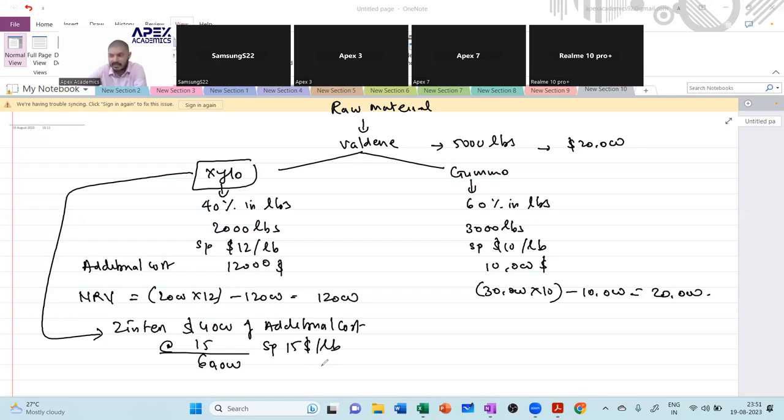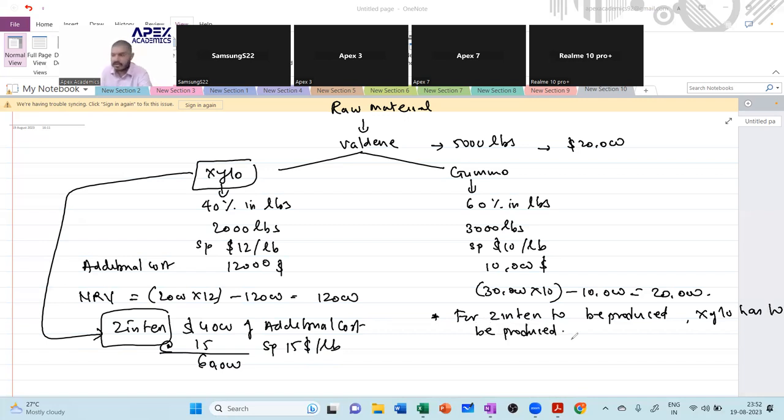Now please understand, look at the note here. For Zinten to be produced, Xylo has to be produced.